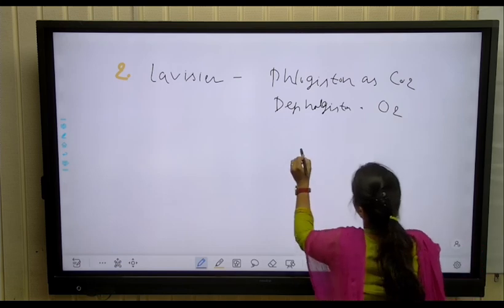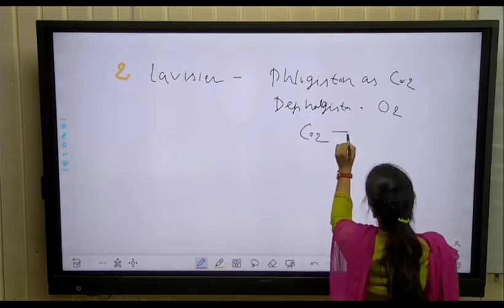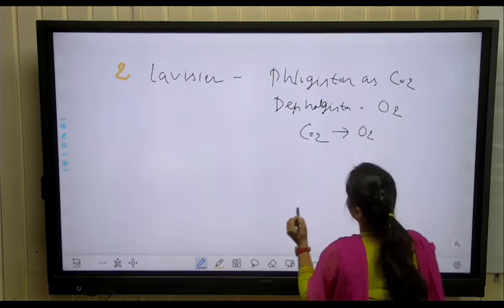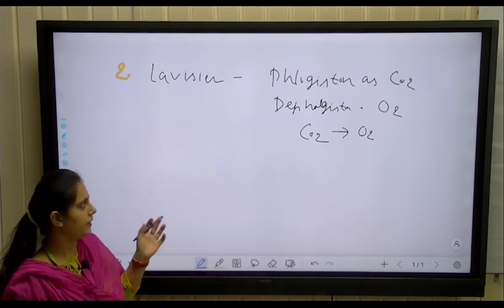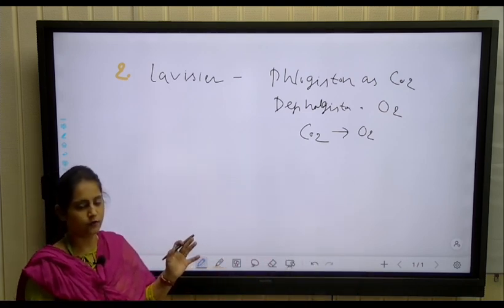So, the conversion of CO2 to O2 was done by the mint plant, which means that if O2 is there, the mice are alive. So, air is essential for the nourishment of plants.